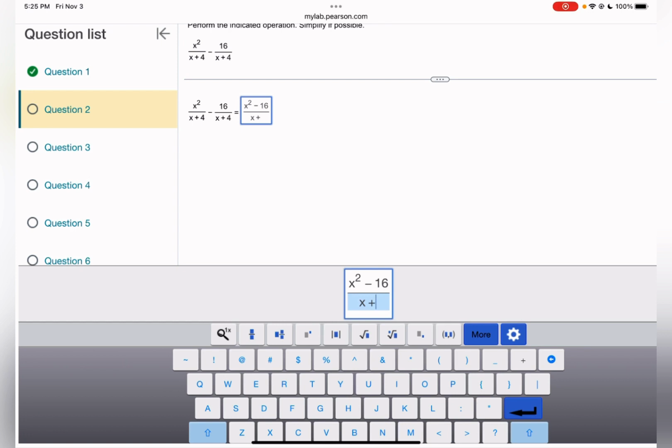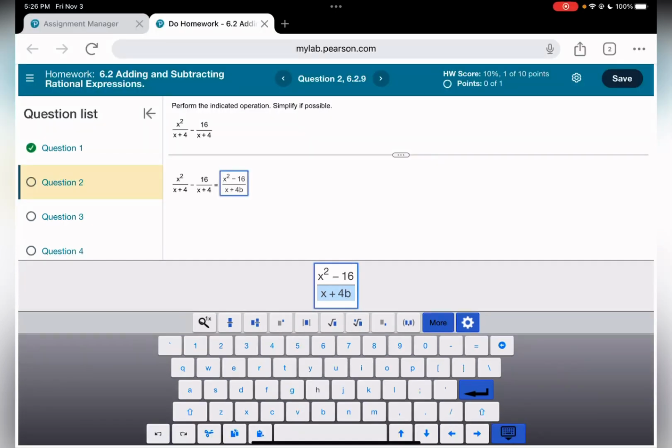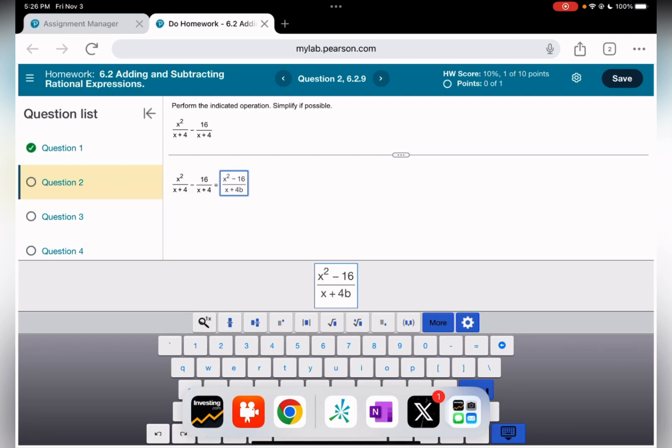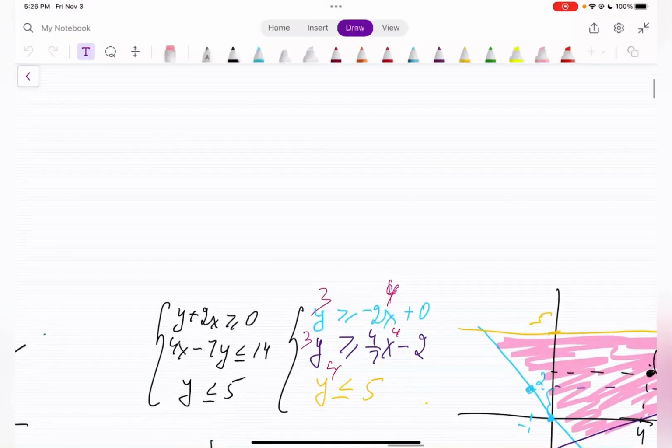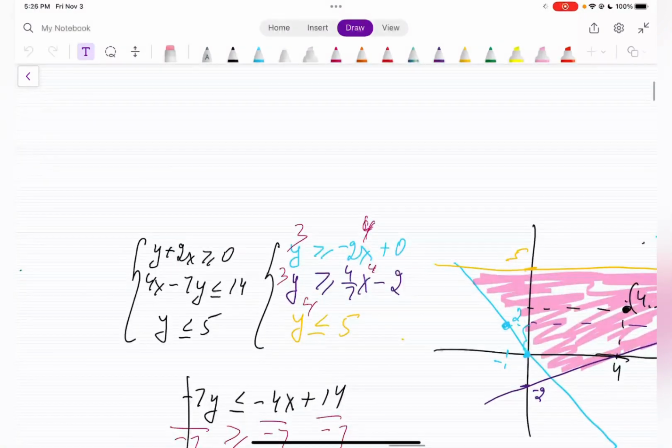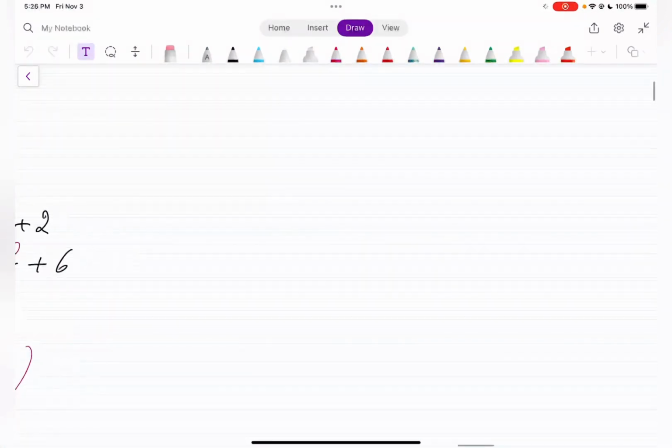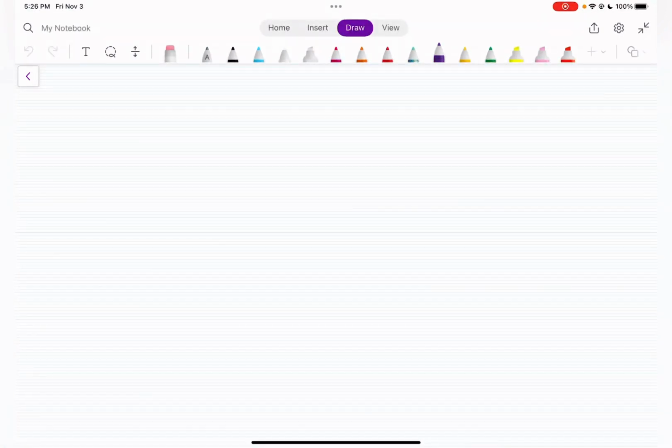Oh, okay. This is what's happening. I'm going to show you on the notebook. I don't have new space here. x squared minus 16.